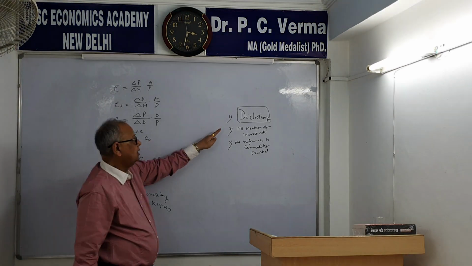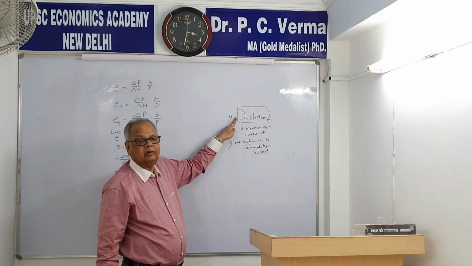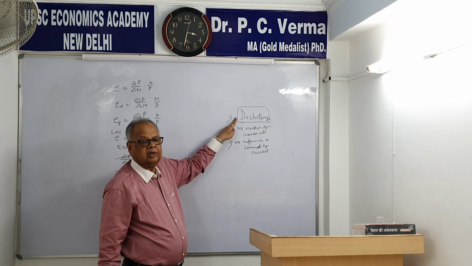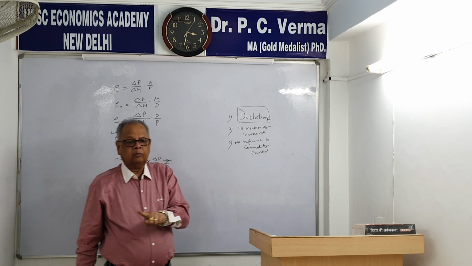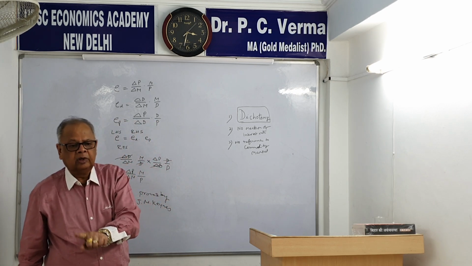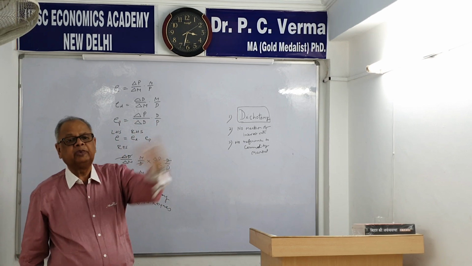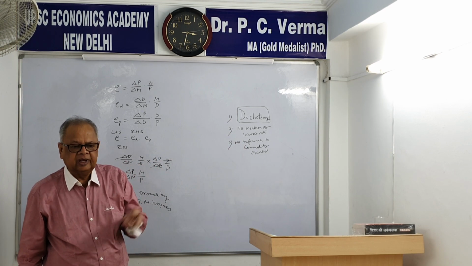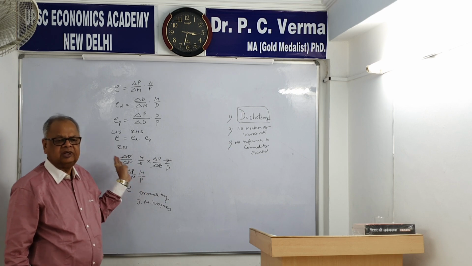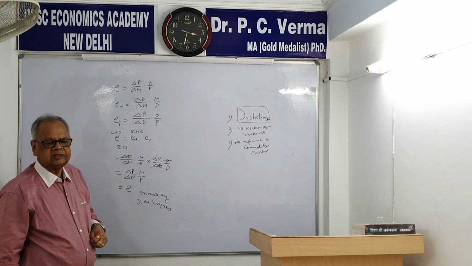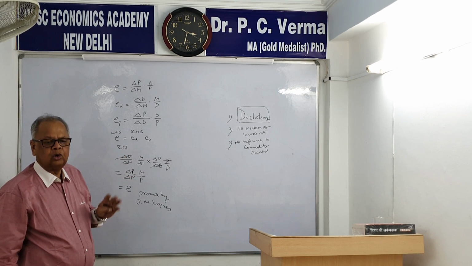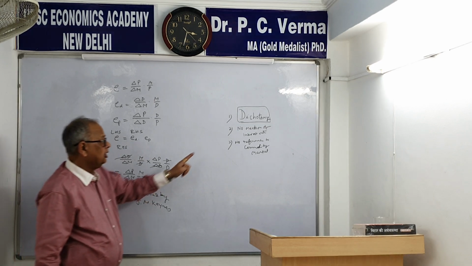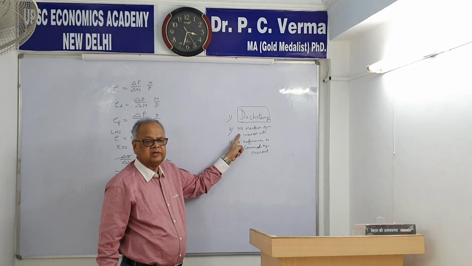This is called the dichotomy problem: leaving the money market, jumping to the commodity market, and without mentioning this concept of elasticity and what the relationship is. The dichotomy problem was raised because there was no mention of interest rate.